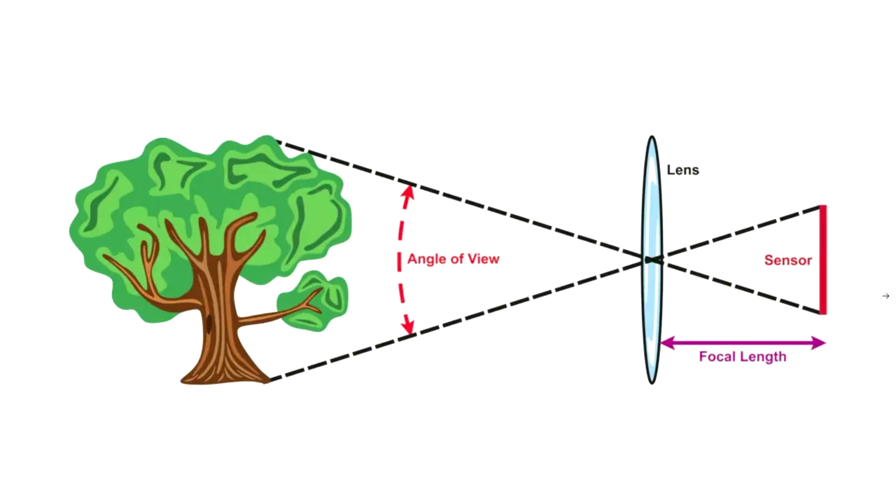The focal length of the lens also impacts the depth of field. Longer focal lengths tend to produce a shallow depth of field, while shorter focal lengths provide a deeper depth of field. This means that telephoto lenses will blur the background and foreground more than wide-angle lenses.